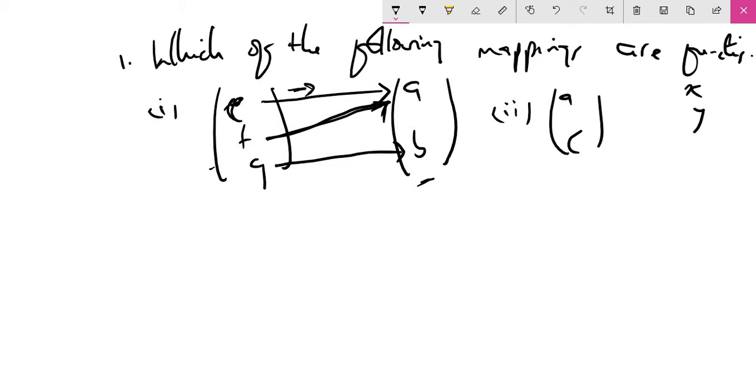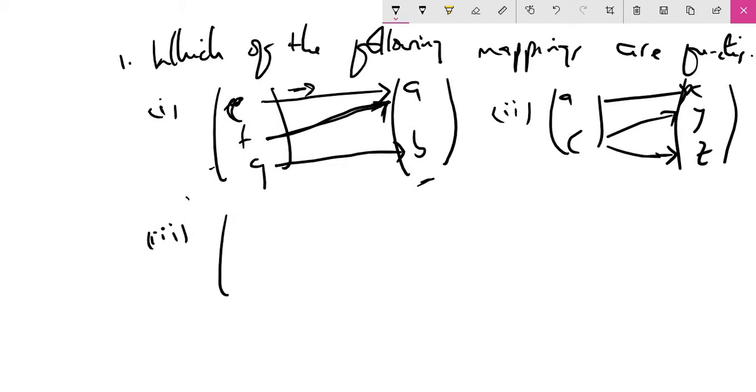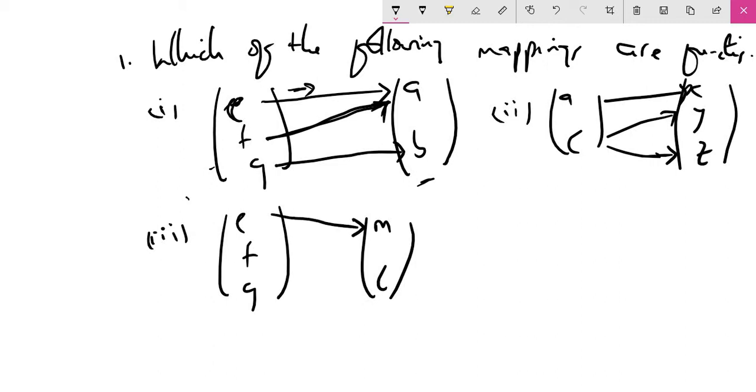And then X, Y, Z. So A maps to that, C maps to Y, and C maps to Z. And then the third one, we have E, F, G maps to M, C. So E goes to M, F goes to C, and G goes to C.